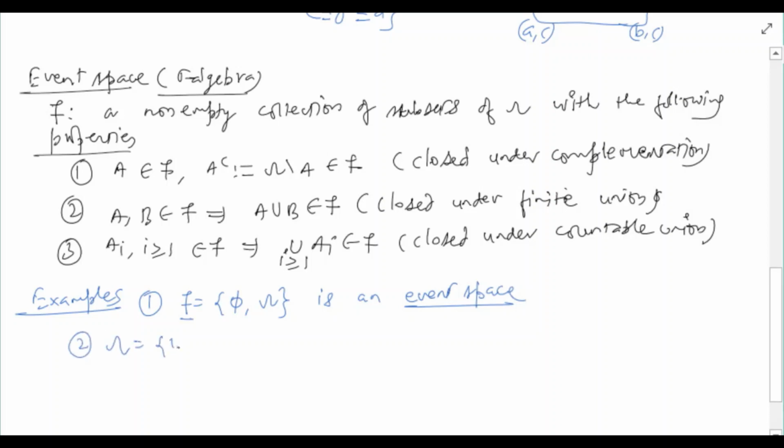If omega is {1, 2}, then the collection of subsets empty set, {1}, {2}, {1, 2}, this is an event space. Notice that this collection is also what we call the power set of omega.